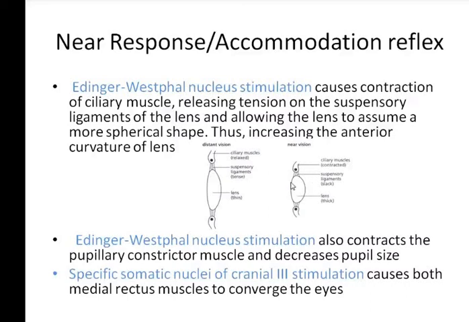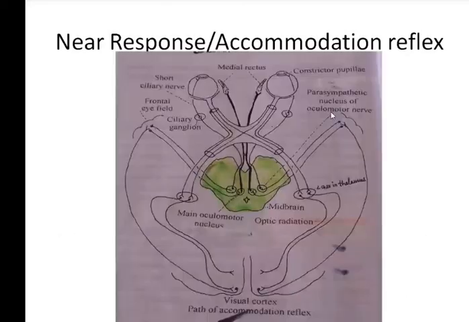Yes, sir. You should know that the Edinger-Westphal nucleus is the parasympathetic nucleus of the oculomotor nerve, and this other one is the somatic nerve, meaning the motor nerve nucleus.